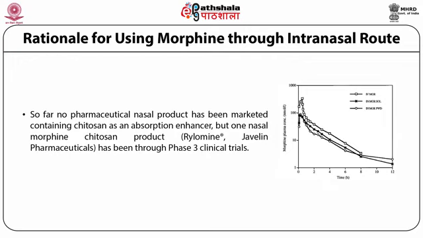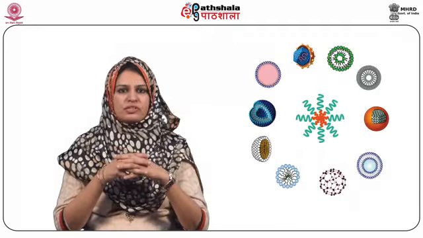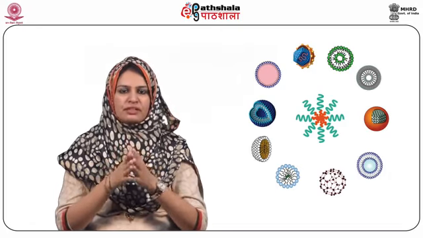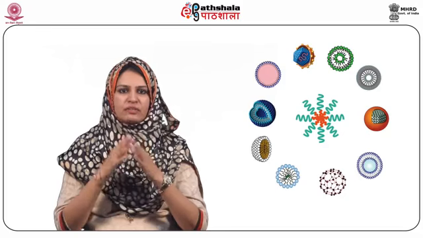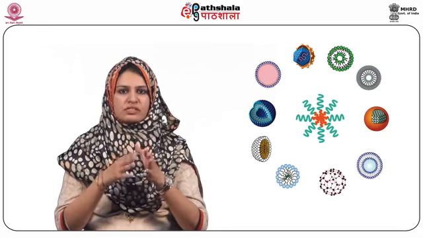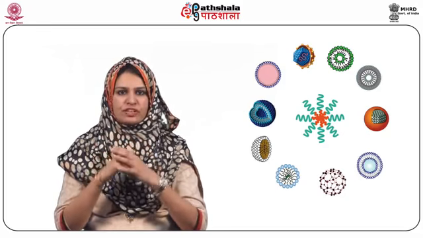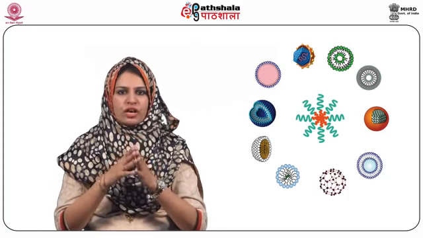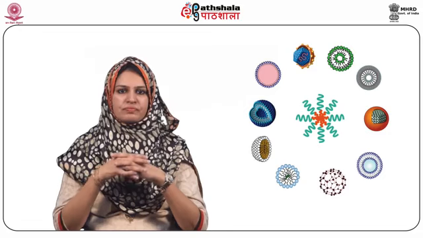But one nasal morphine chitosan product, Rylomine, a product of Javelin Pharmaceuticals, has been through phase 3 clinical trials. Javelin Pharmaceuticals announced that its product candidate Rylomine met its primary clinical endpoint of achieving a better sum of the pain intensity difference scores in the time period of 0 to 24 hours after surgery.